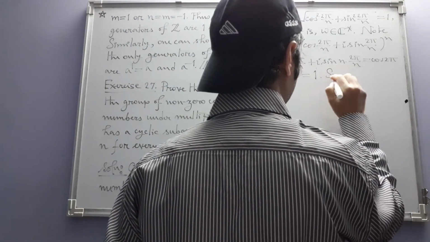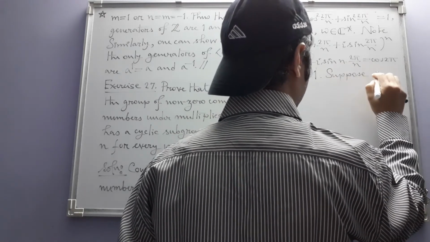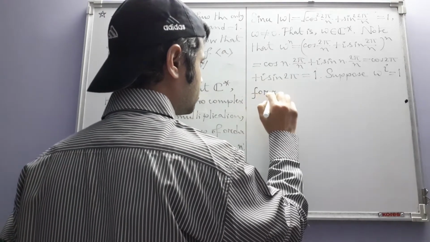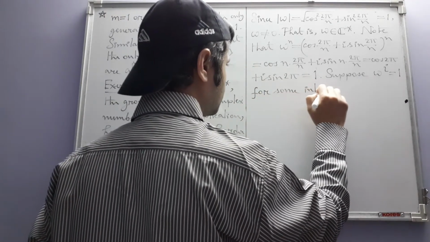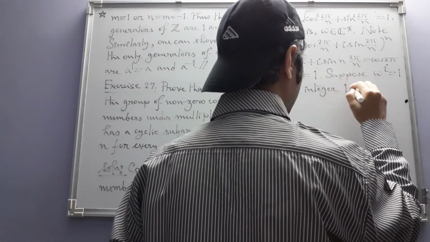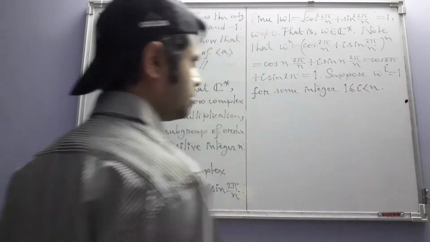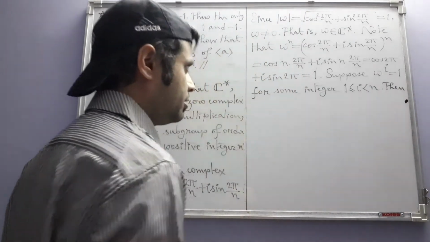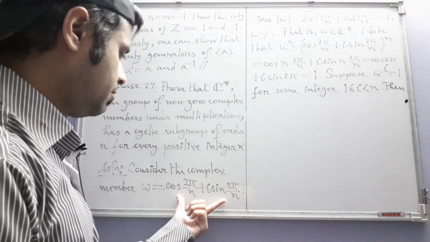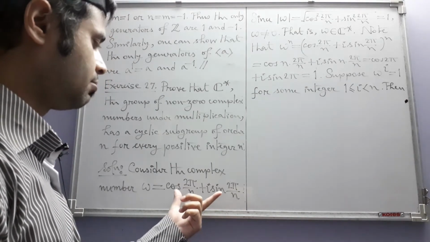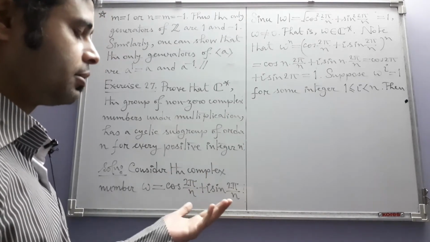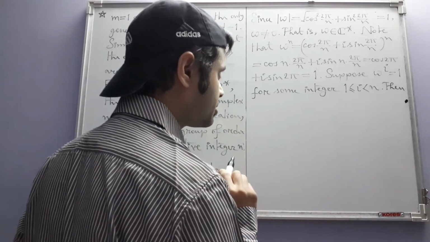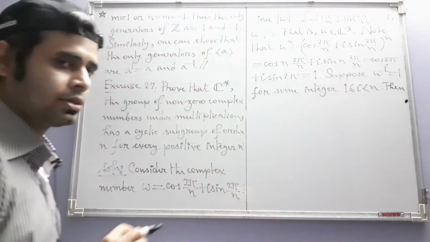Suppose omega to the power i is equal to 1 for some positive integer i, strictly less than n, then I don't actually remember if we have already shown that the order of this complex number is equal to n, not using this terminology of order, but we may have already shown that the smallest positive integer i for which omega to the power i is equal to 1 is n.